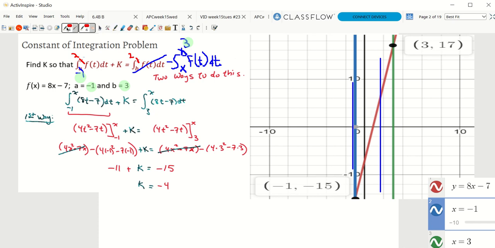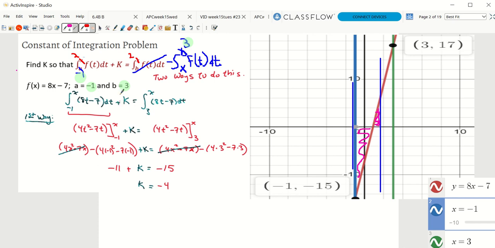So now, if I'm trying to find out the area between -1 and 2, it's going to be this pink, which is a negative area, by the way. It's going to be that pink triangle, plus that little sliver right there.